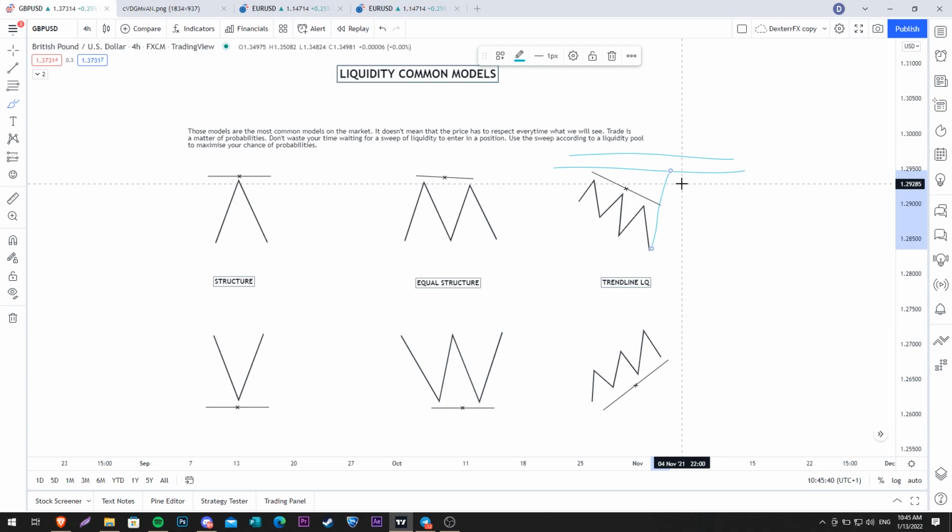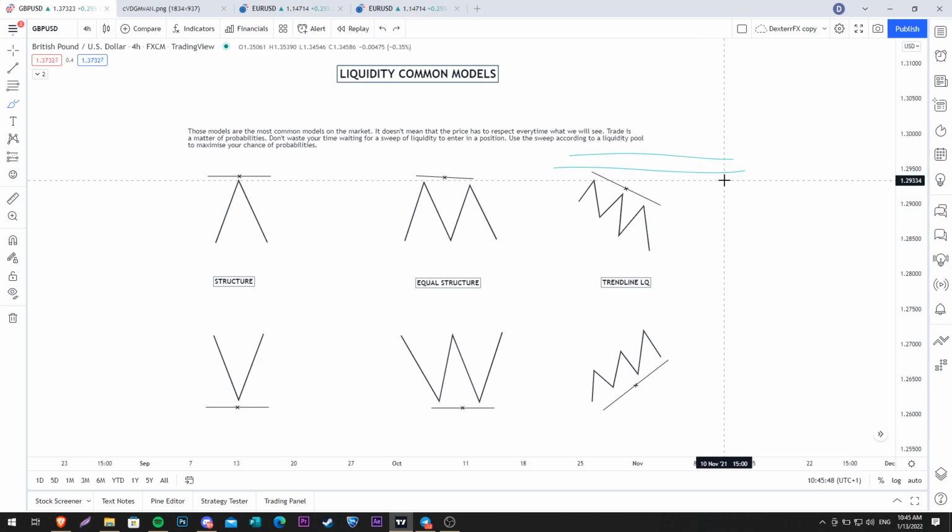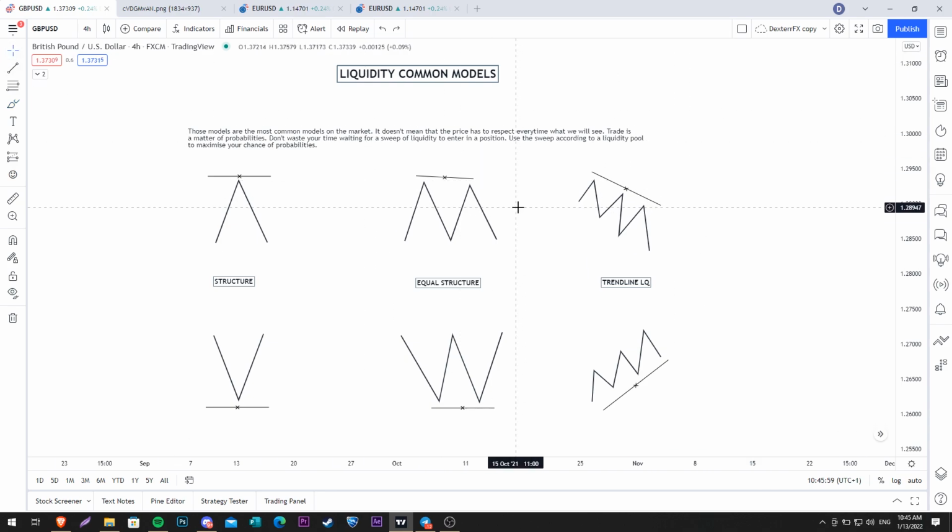It can be used, but it's riskier than waiting for some entry criteria on those levels. You can use a sweep of liquidity, but you don't have to use them as a 100% true aspect. Okay, those things will give you extra confluence with your order block or something like that, but you don't have to use it in the middle of nowhere.